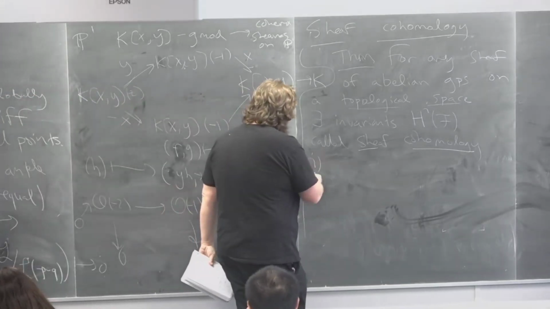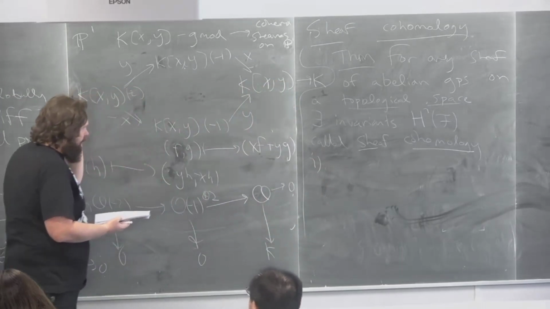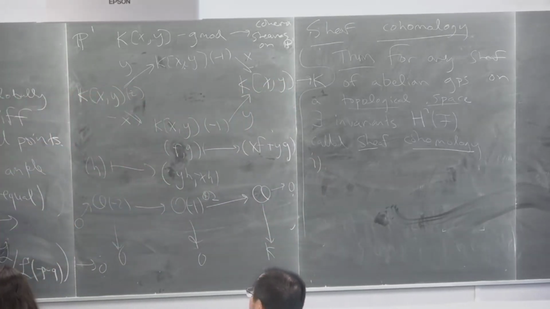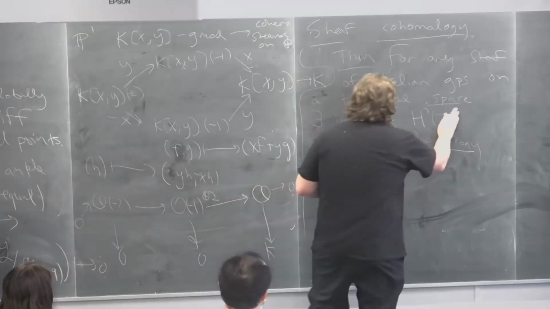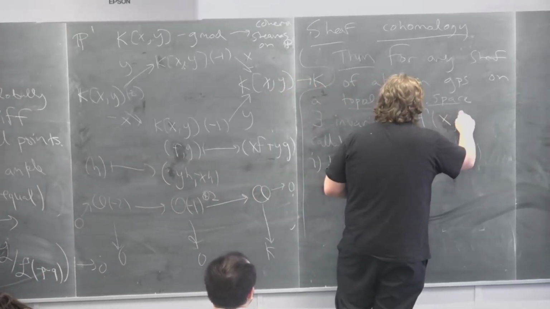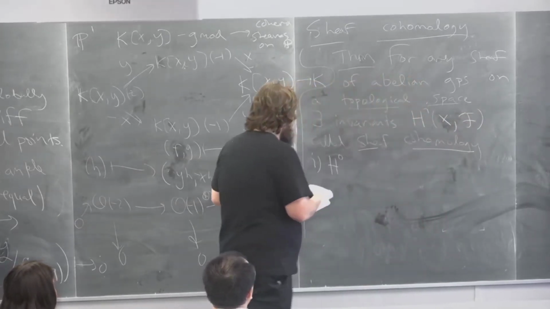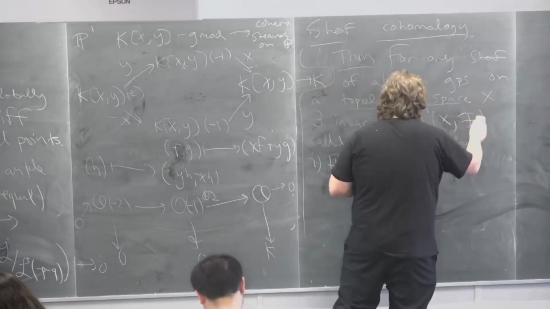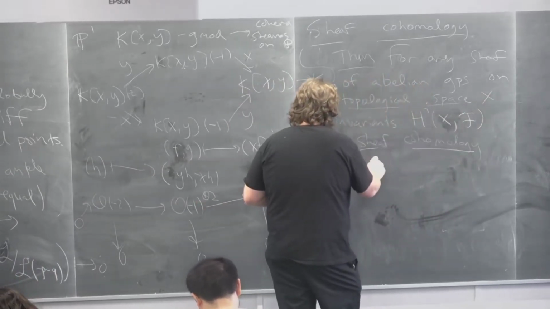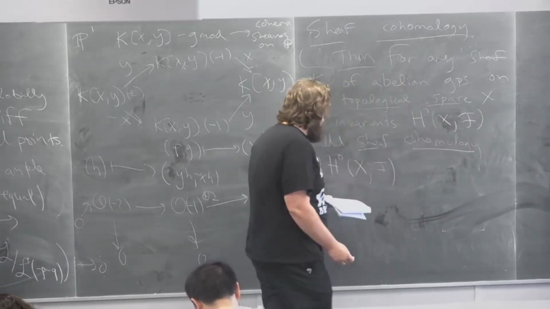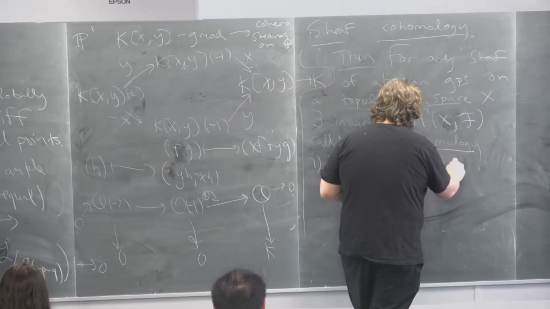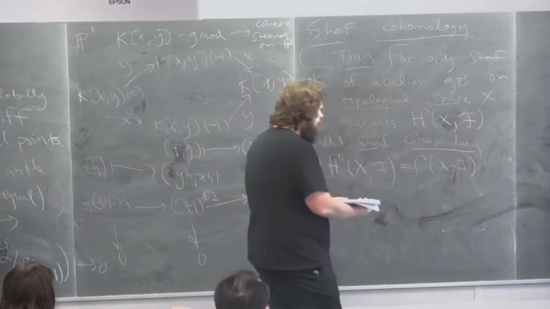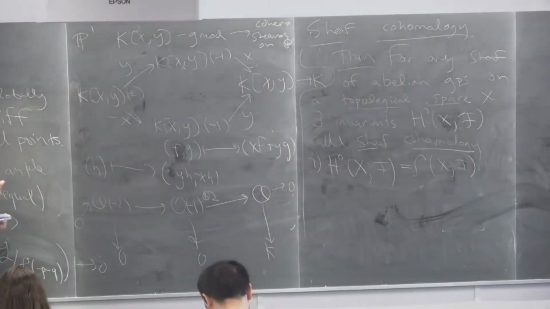So rather than try to write down an explicit definition of these, let me try to give you the important properties of them. The first important property, of course, is that H^0 of X, I should really write this with the X in it, is just the sections of F. So sheaf cohomology is a generalized set of sections.